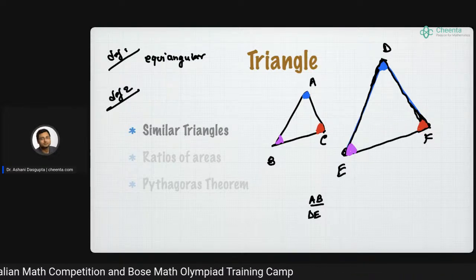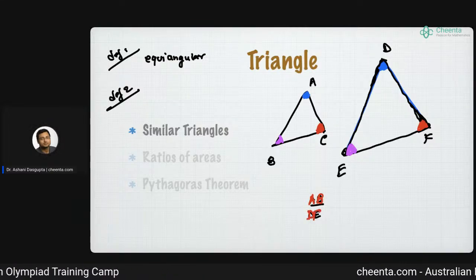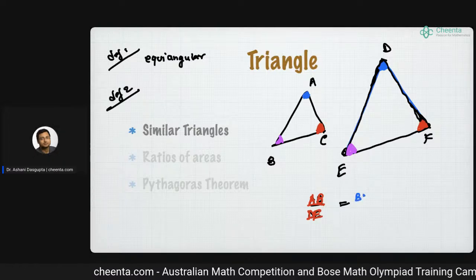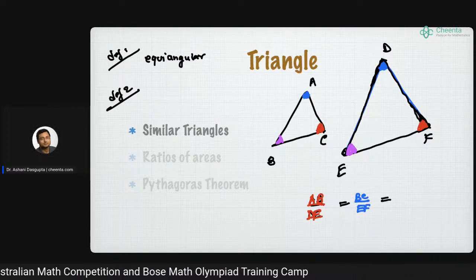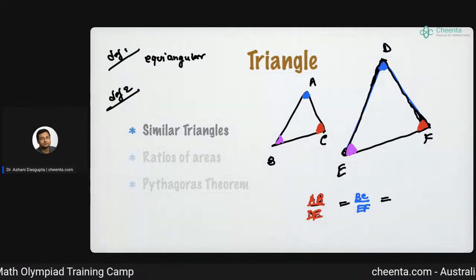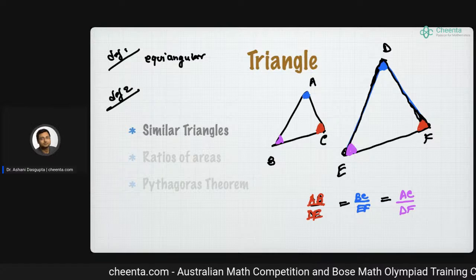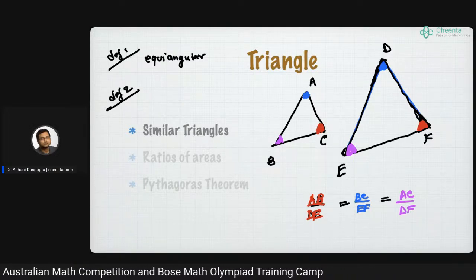So AB over DE, maybe I can write it in red, because they are opposite to the red angle, is equal to BC over EF is equal to AC over DF. So this is the second condition, definition 2, that corresponding sides are proportional.